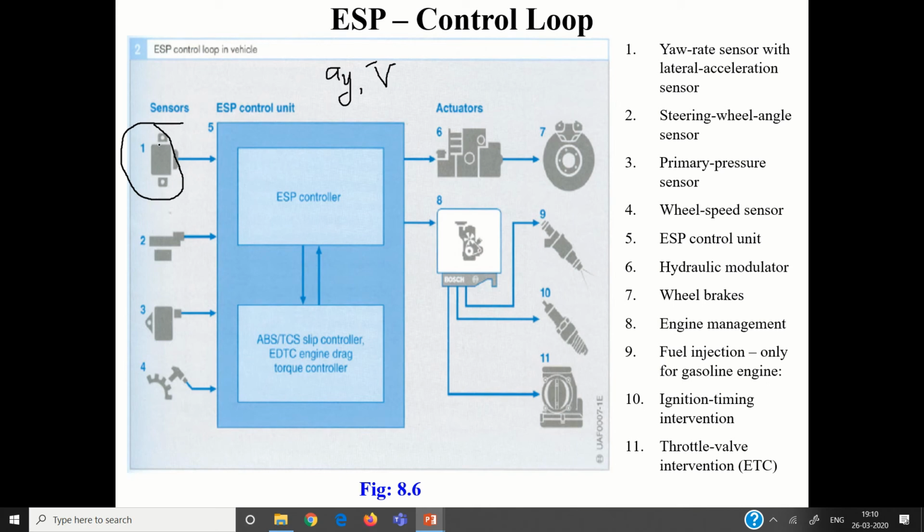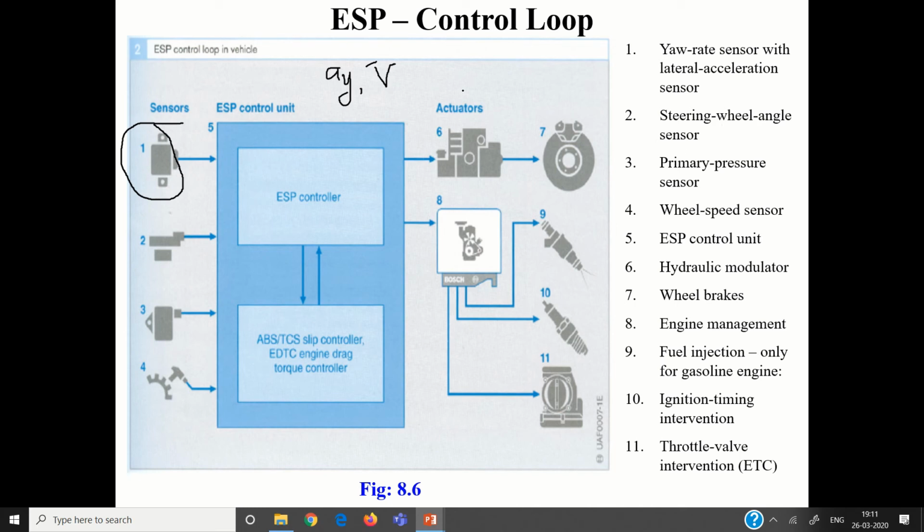Okay, you have sensors, that is yaw rate sensor with lateral acceleration sensor. Okay, then you have steering wheel angle.